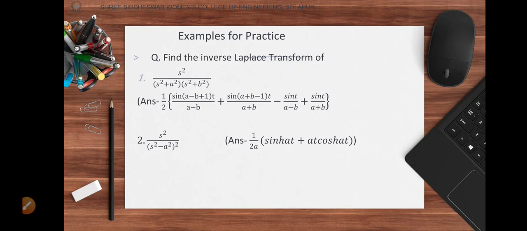Remember, the derivative of sinh at is a cosh at, and the integration of sinh at is 1 upon a cosh at. It is not negative of cosh at. Using these hints, you will get the same answer as given here.